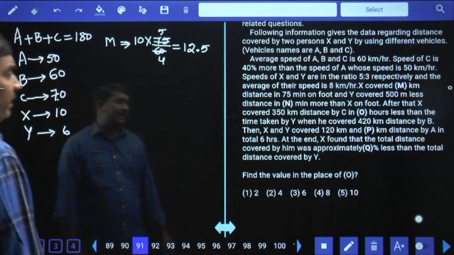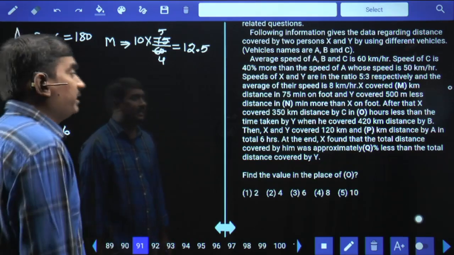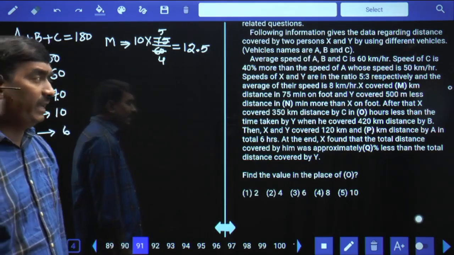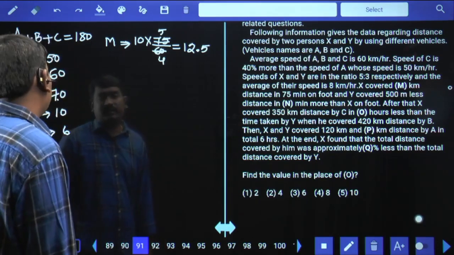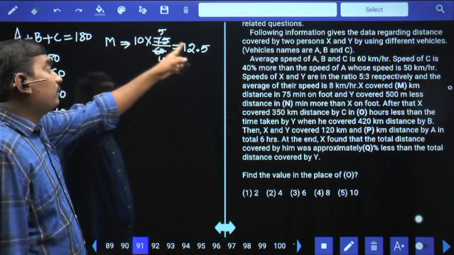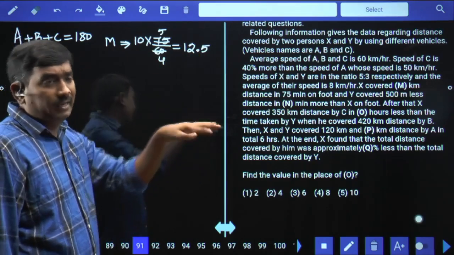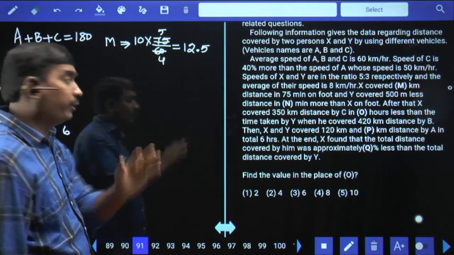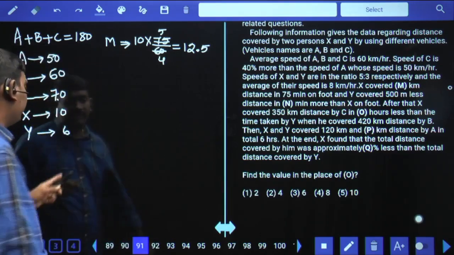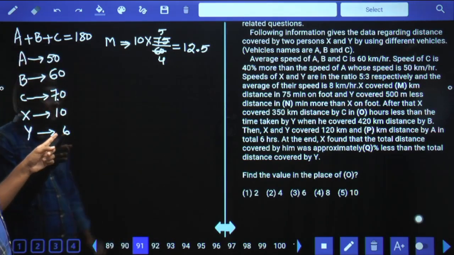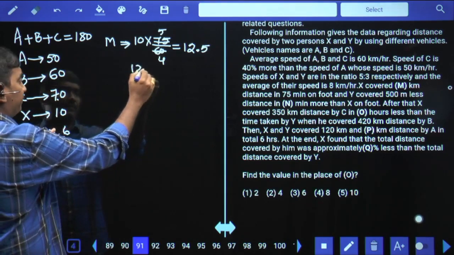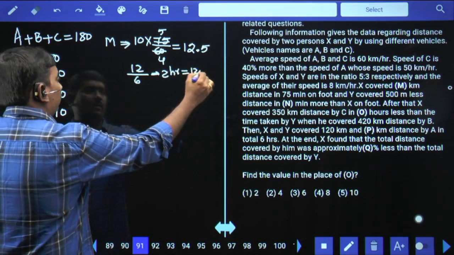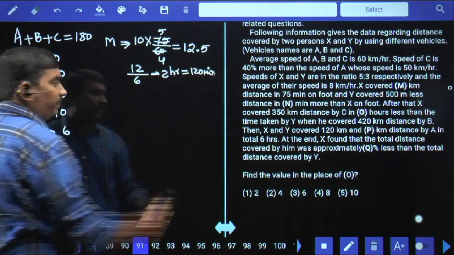Next, Y covered 500 meters less distance in n minutes more than X on foot. 500 meters less distance means, since X covered 12.5 kilometers, 500 meters means half kilometer less. Means Y covered 12 kilometers. Y covers 12 kilometers at the rate of 6 kmph, so it will take 2 hours, that is 120 minutes.